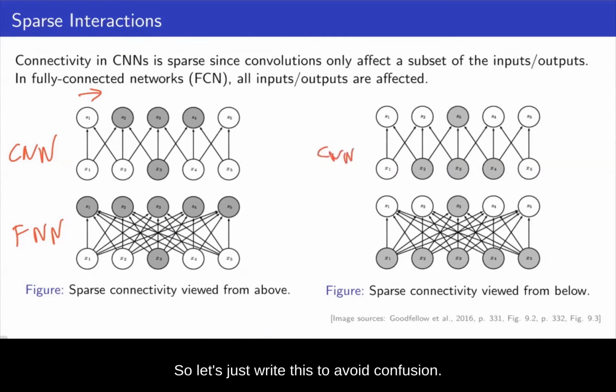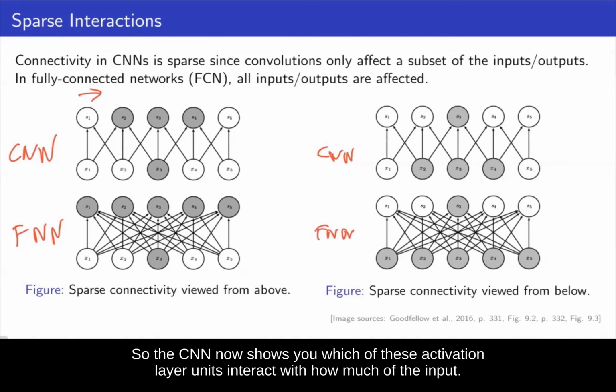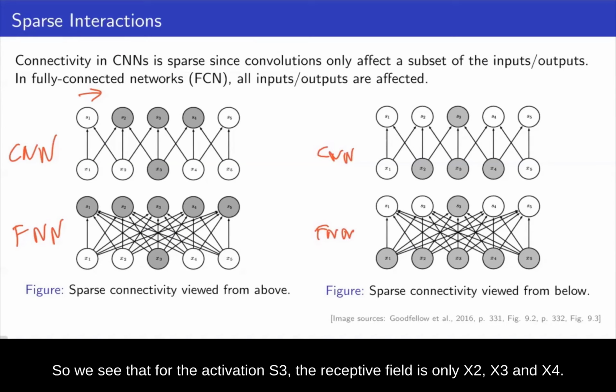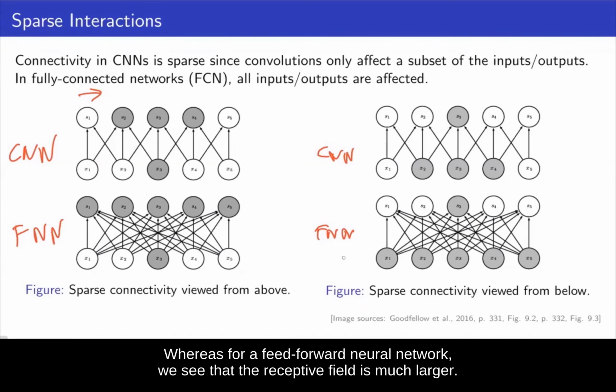So let's just write this to avoid confusion. The CNN now shows you which of these activation layer units interact with how much of the input. So X is the input and S is the activation layer here. We see that for the activation S3, the receptive field is only X2, X3, and X4, whereas for a feed-forward neural network, the receptive field is much larger.